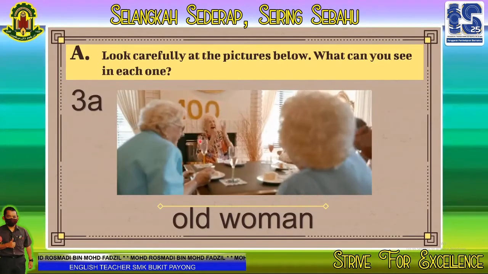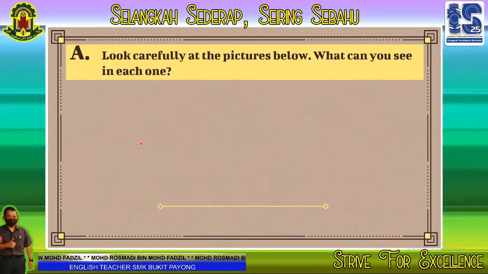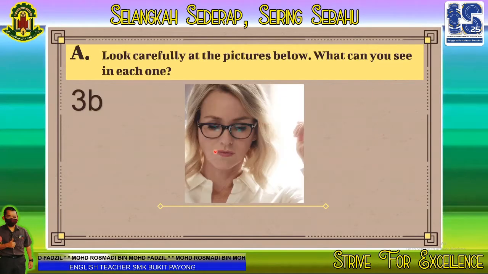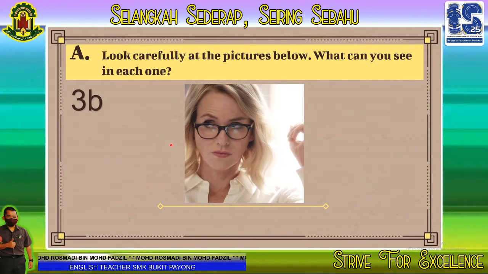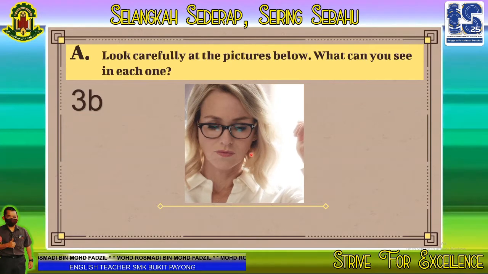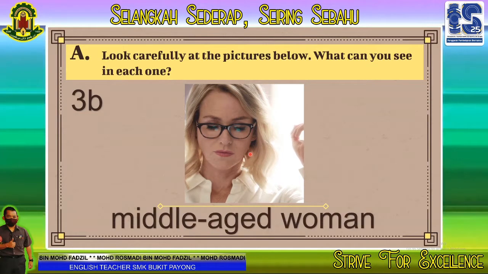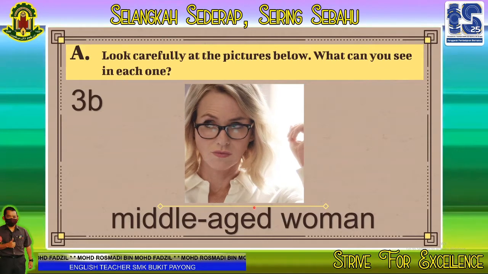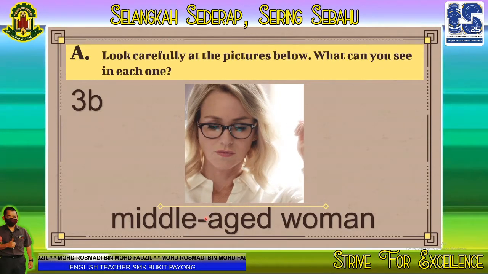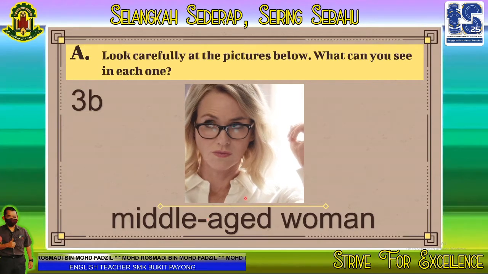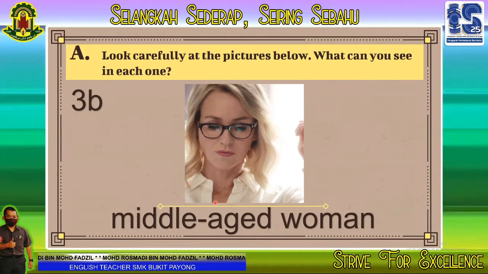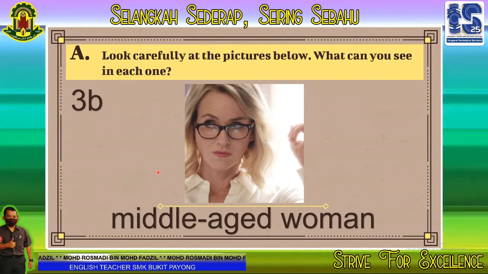Alright. And then what about B? This is also a woman or a lady, but yes, it is a middle-aged woman. Lady around 40 something, kan? Perempuan yang berusia dalam lingkungan 40-an, middle-aged woman. Okay, 40-an ke atas.